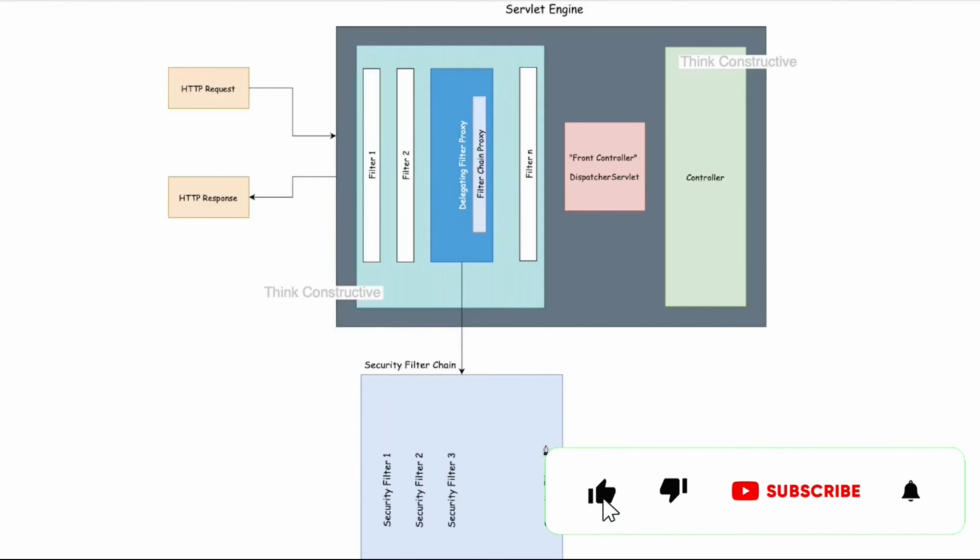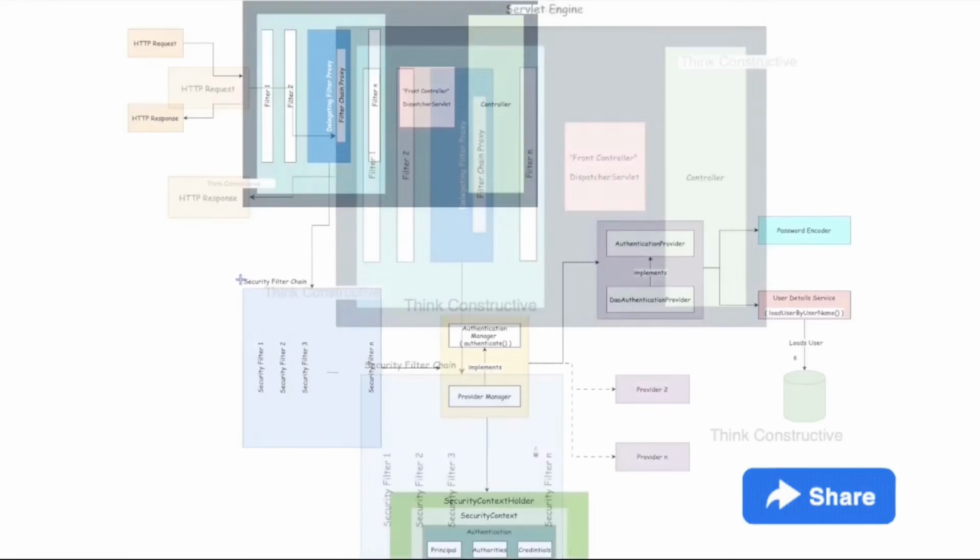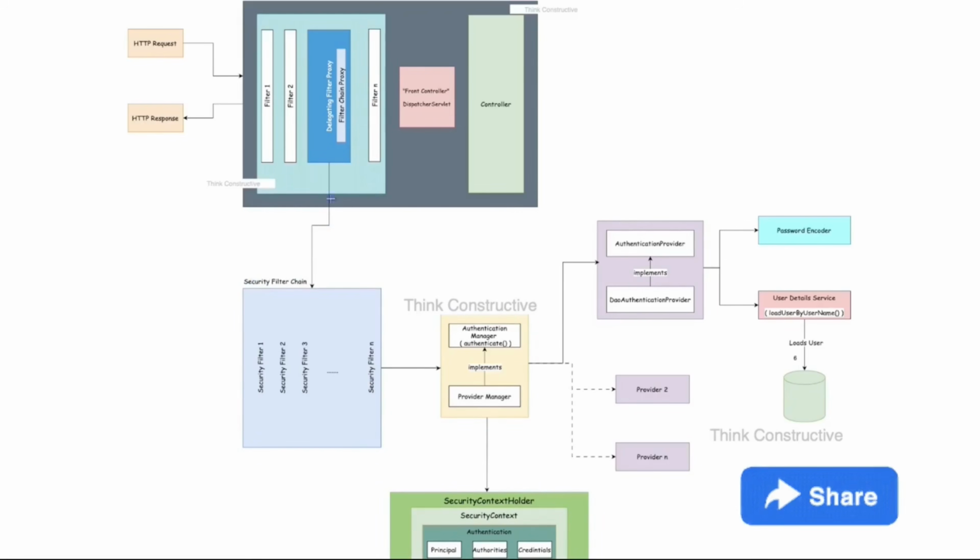I will show you one more diagram, but that detailing I will do in my subsequent sessions, because if I tell you everything right now, it will be a little difficult to connect. So we discussed till here the security filter chain. If Spring Security is applied, the request will reach the security filter chain, which will further talk to the authentication manager, which is an interface, and there are different provider managers. One of them is the DAO authentication provider, which is typically responsible for talking to the database.